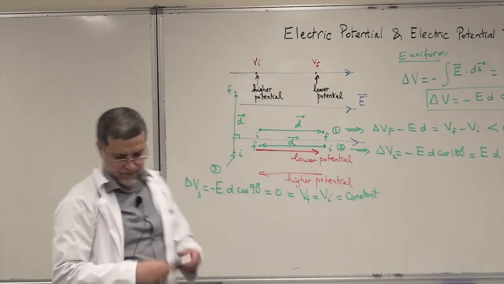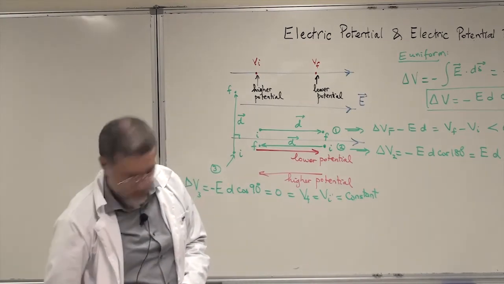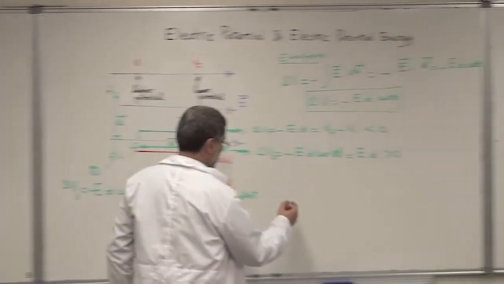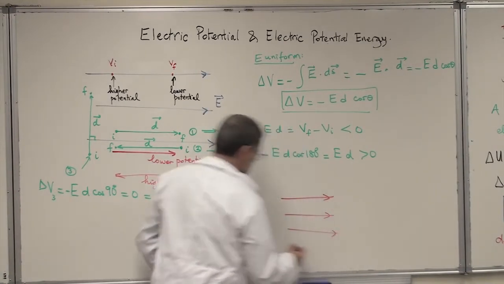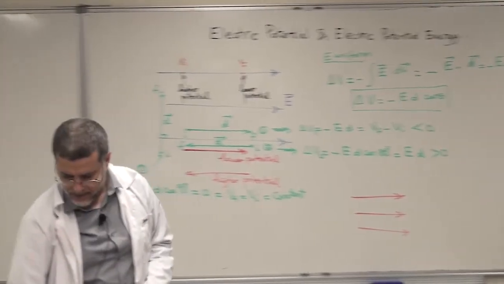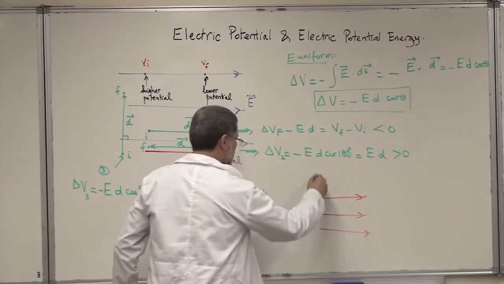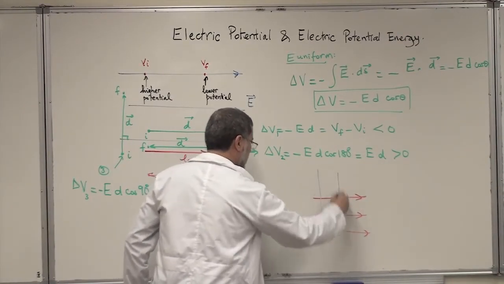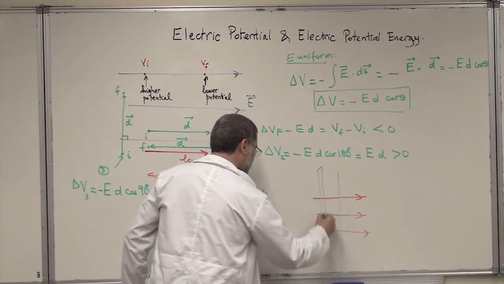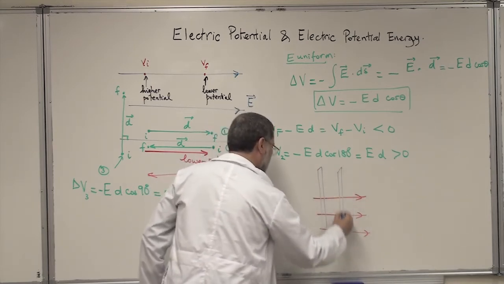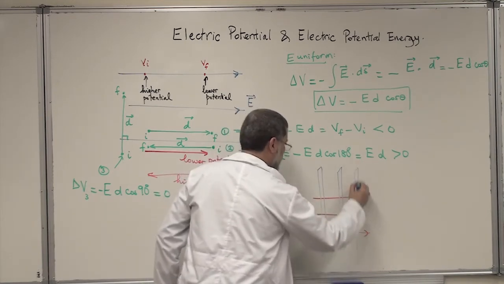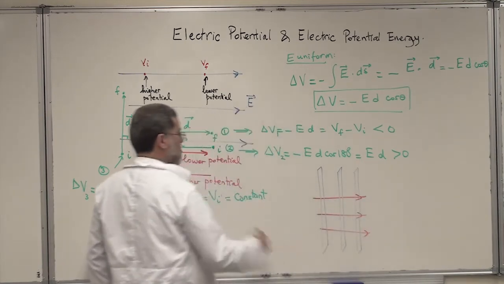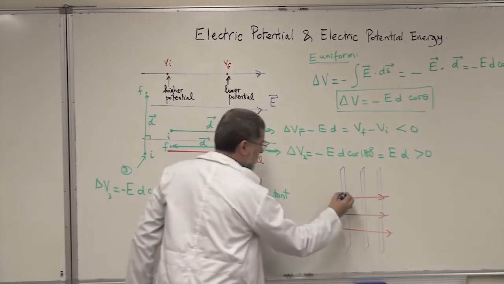Now, let me draw a figure here. So I have the electric field lines. And I have these planes. They call them equipotential planes. They have a constant potential. I hope you are seeing these planes, which are perpendicular to the electric field.